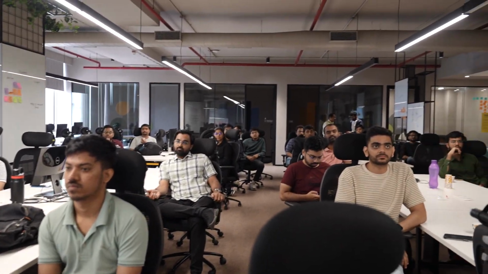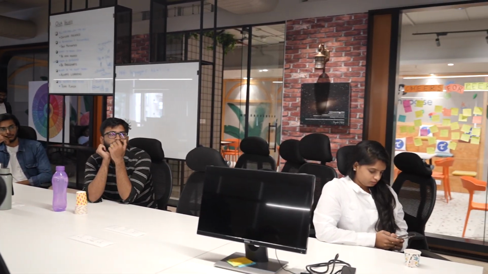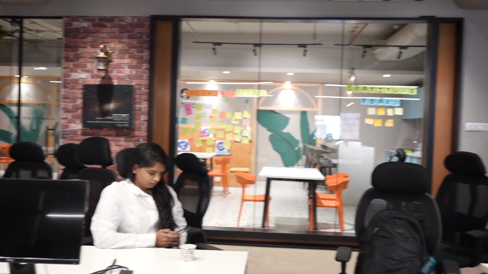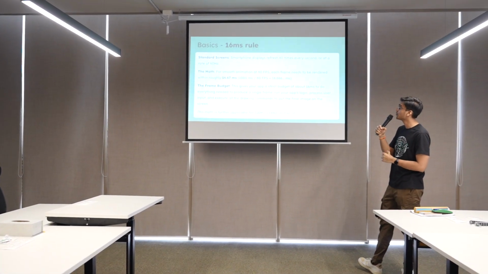So our application is running, and for example, you see all the smooth animations happening inside your application. It means it is generating a new frame every 16 milliseconds. Obviously, it is not visible to our naked eyes, but it's happening under the hood. So in short, this gives your app a strict budget of about 16 milliseconds to do everything needed to produce a single frame.